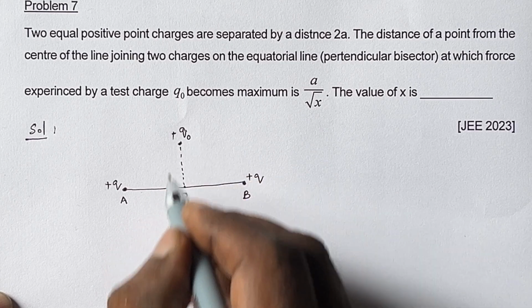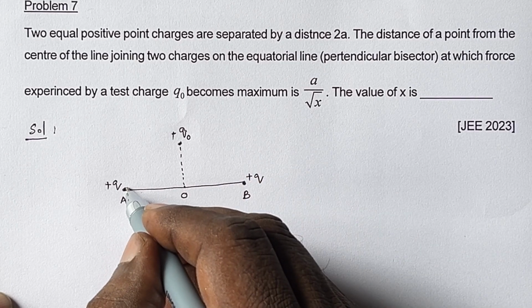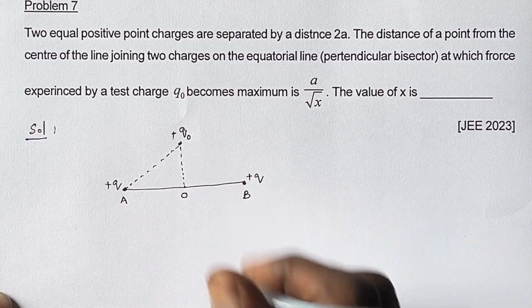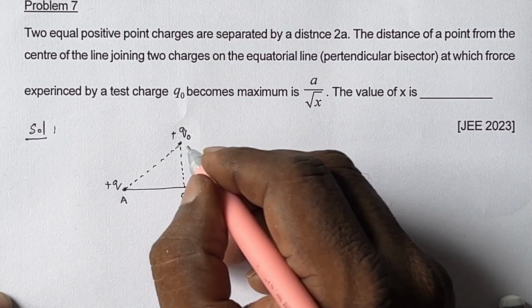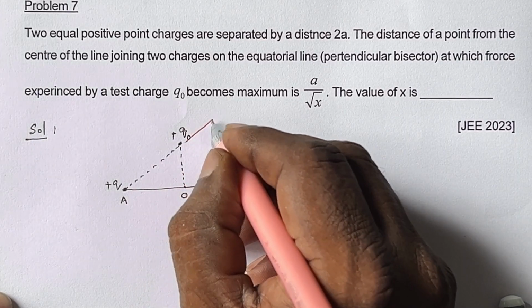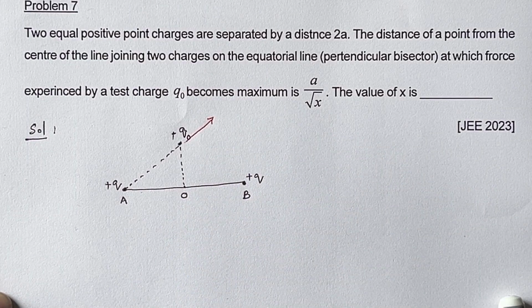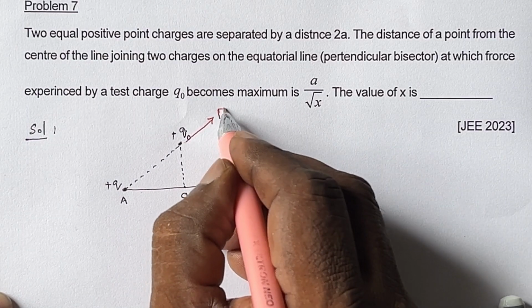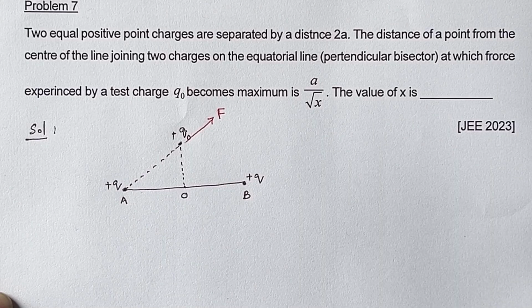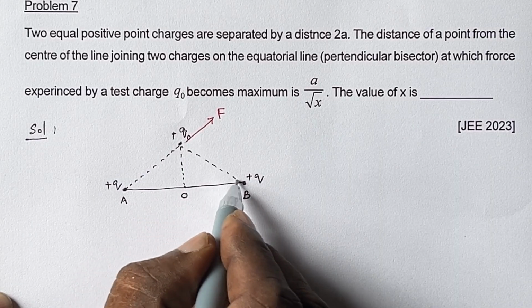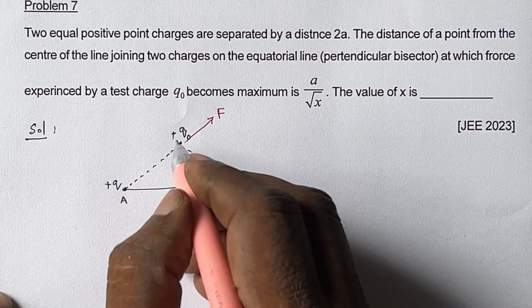So this is also positive. So here this positive will repel this positive in this direction, and this is F, and this also repels this one in this direction.